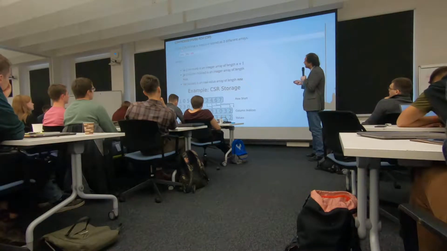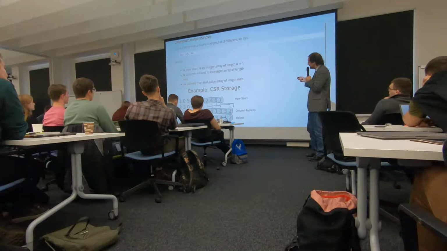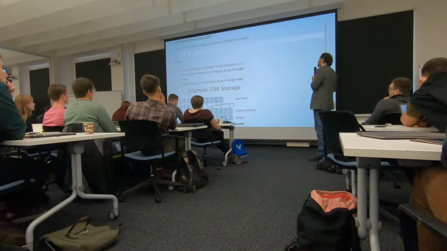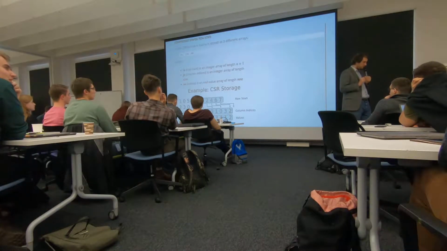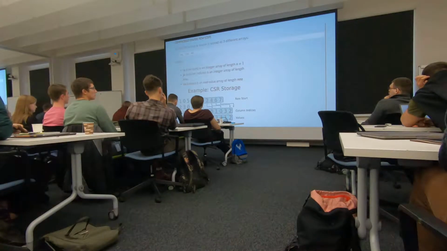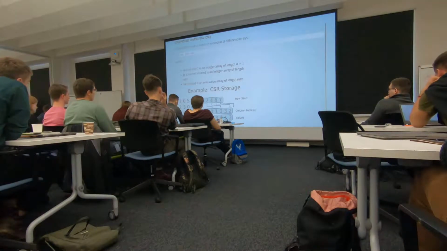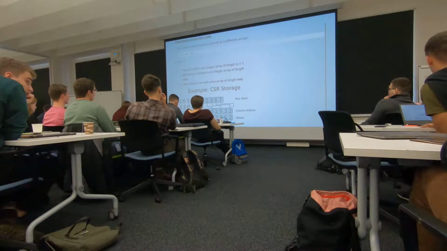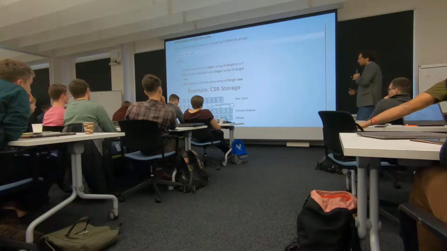JA, these are the column indices, which is the integer array of length nnz, and SA stores the values. Okay. So now we have saved one integer array compared to coordinate format, which is not a big reduction, but still, it's good to know that you can store the same data with a fewer number of bits.